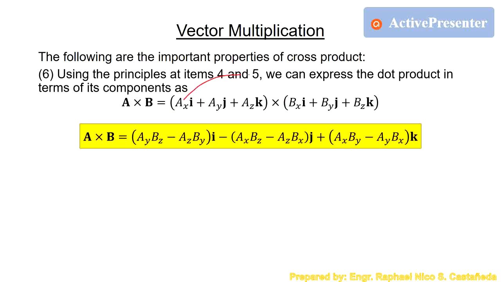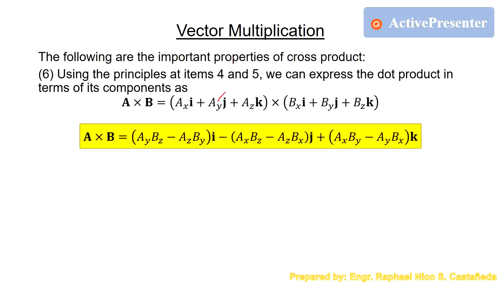If we try AX and BY, you will get AX BY k. This is this one right here, AX BY k. And if we try AX and BZ, i cross k is negative j, so this one right here, negative AX BZ times j.